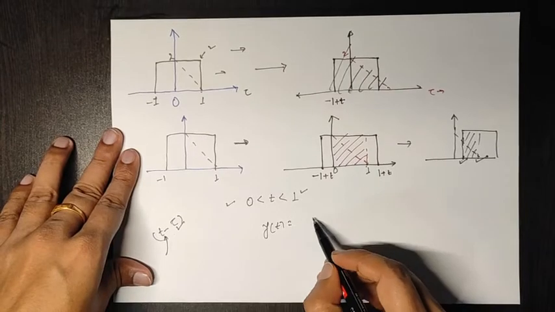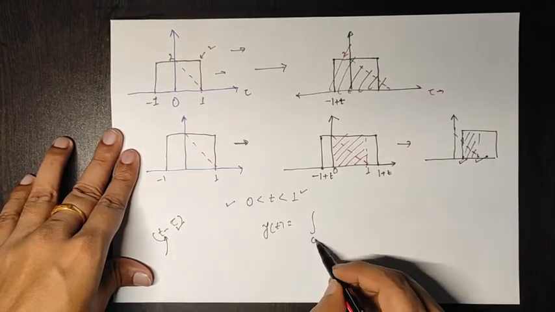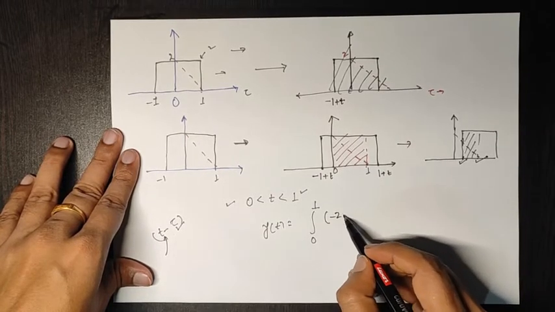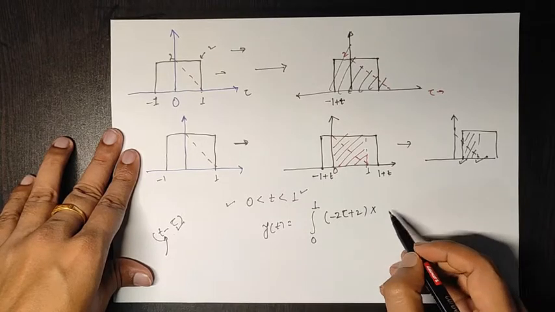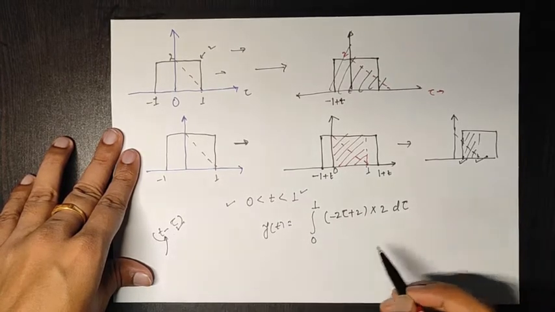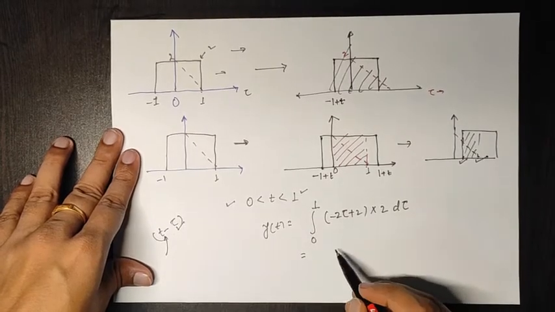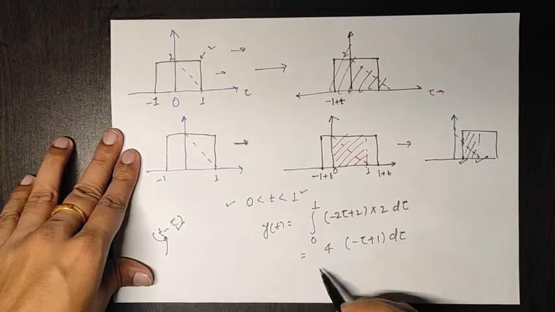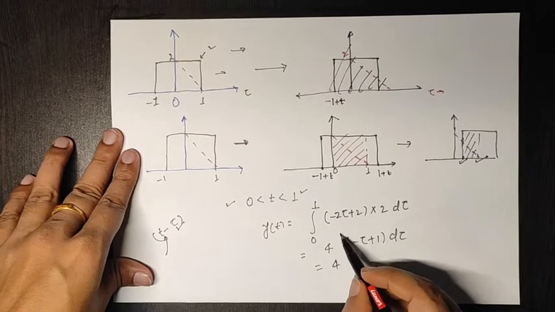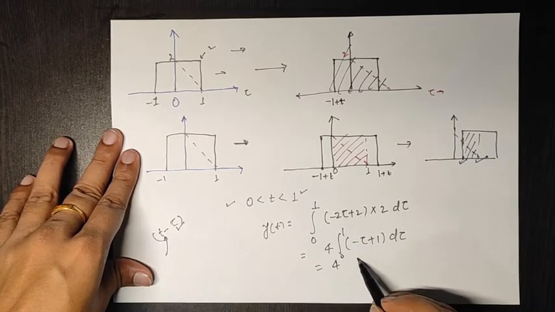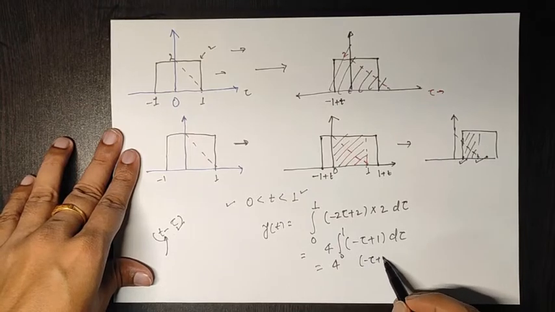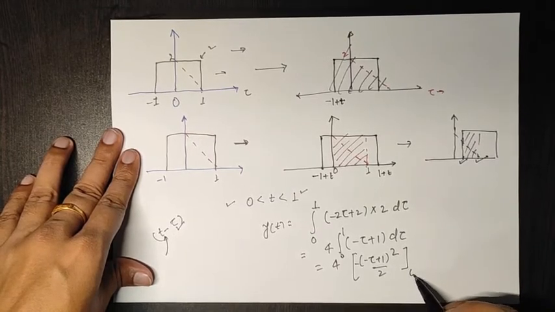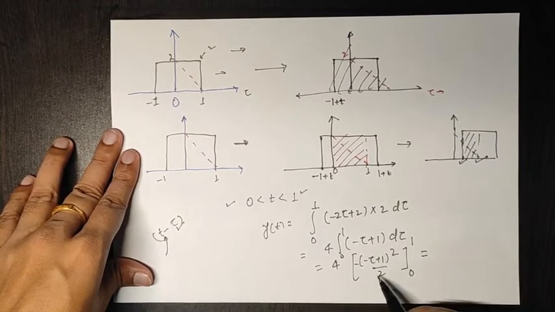Then y(t) will be, limit will be 0 to 1, and x(tau) value is minus 2 tau plus 2, and h(t minus tau), its value is 2 into d tau. 0 to 1, take 4 outside, minus tau plus 1 d tau, and if you integrate this, it will be minus tau plus 1 whole square by 2, taking minus outside. 0 to 1, its value will be 2 cancelled.